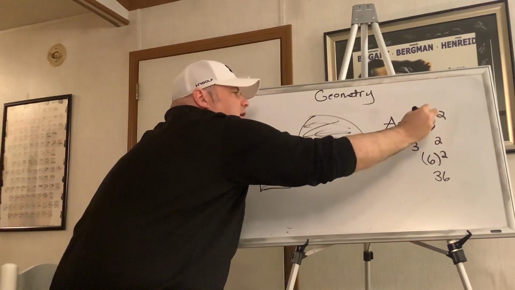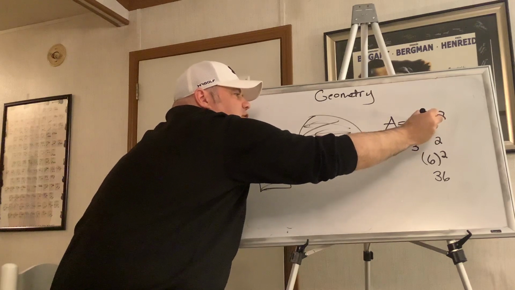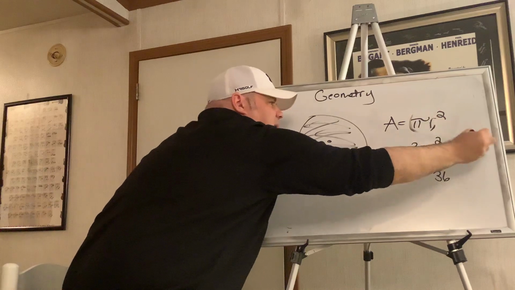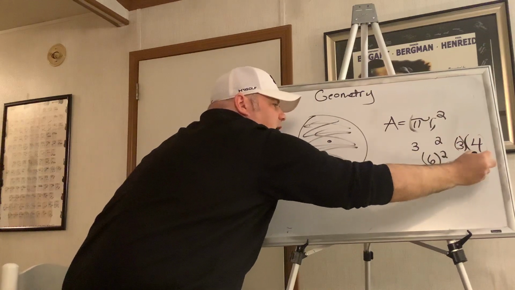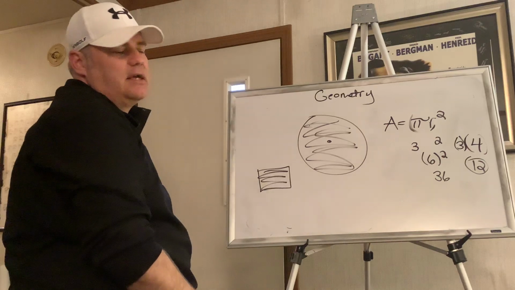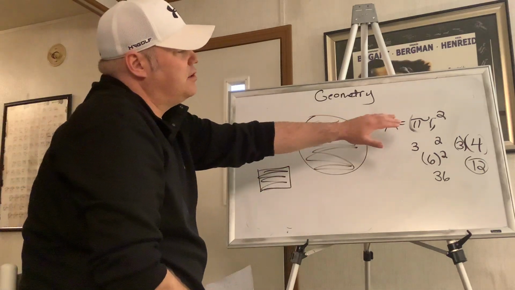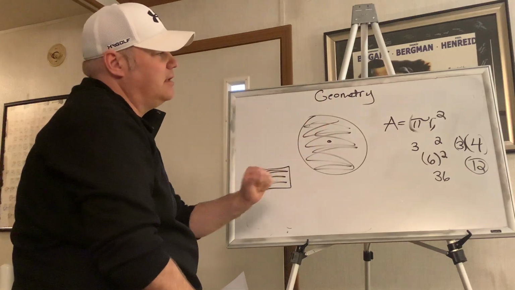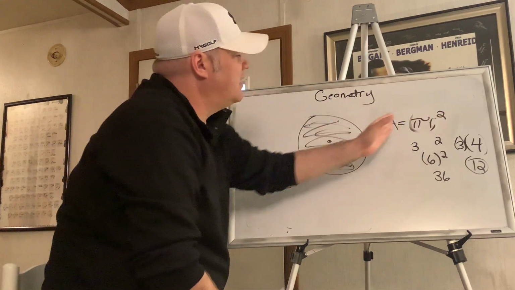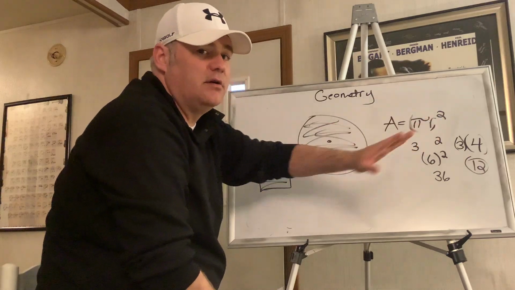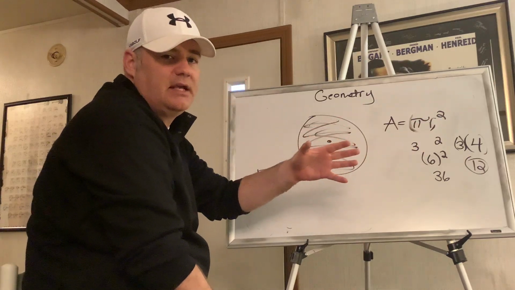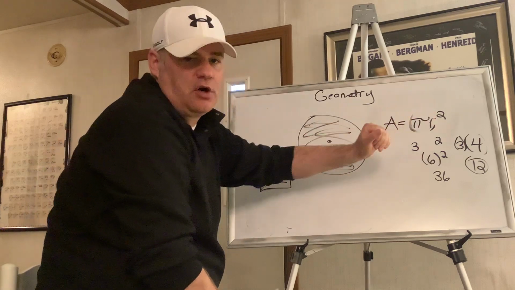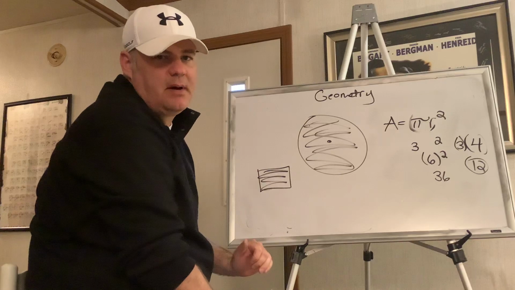If the radius is 2, you square it first, you get 4, and then you multiply it times pi, which was about 3, you get 12, which is much different than 36. So you've actually got to square your radius first, then multiply times pi. So what I do in the calculator is I work backwards. Your calculator is probably going to do the multiplication first and then square it all. Work backwards. Square your radius first, then multiply it times pi when you're done.